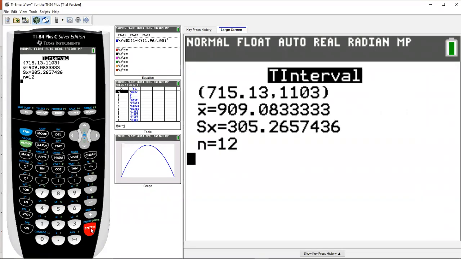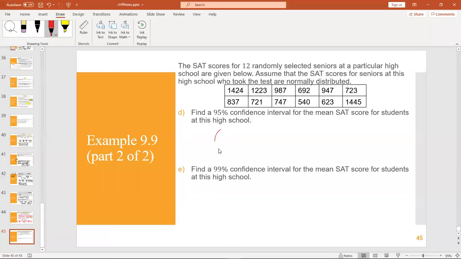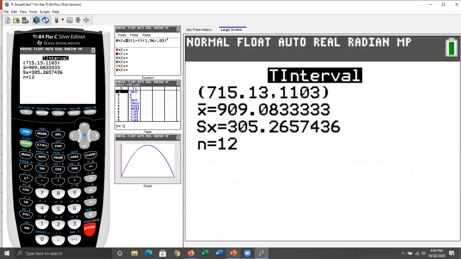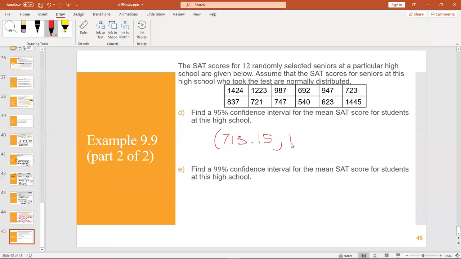You notice this also tells you X bar and Sx. So the low end is 713.15, and then the high end is 1103 exactly, which is kind of interesting. All right, 1103 it is.